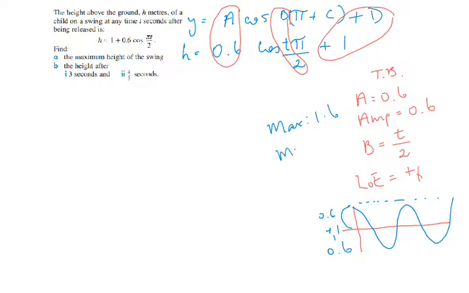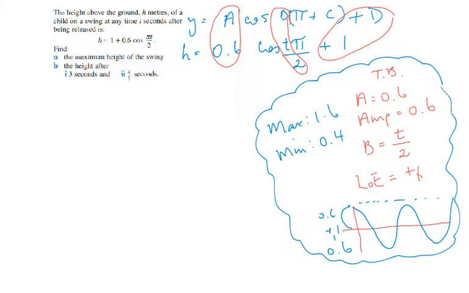Our minimum is going to be 1 minus 0.6, which is 0.4. Now, that's our thought bubble, and we can put that to the side.